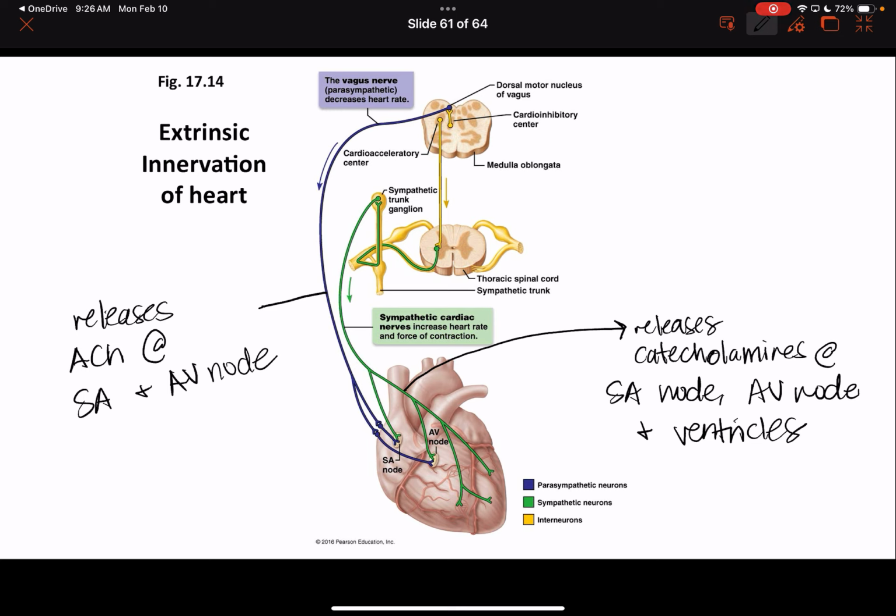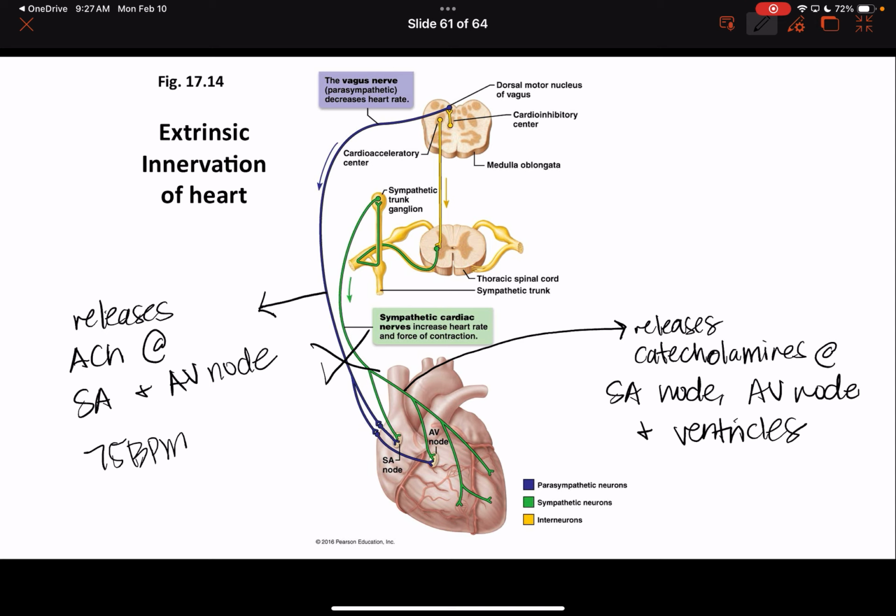Now, the parasympathetic is responsible for keeping our heart rate at about 75 beats per minute. If we were to cut the nerves that are attached to the heart, then the heart would still beat, but it would beat much faster. So normally the heart would want to beat at about 100 beats per minute on its own.